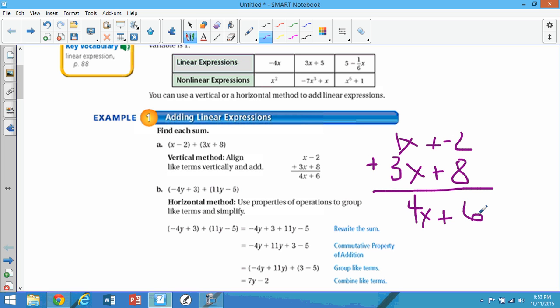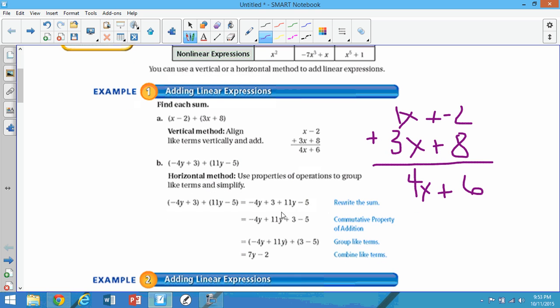That's the vertical method. The horizontal method is doing the exact same thing except that you commute the order. So if you have x plus, and I'm going to turn it to negative 2, okay, plus, and then 3x plus 8.